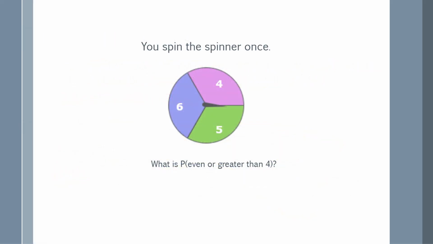All right, so you have to spin them. Spin them once. What's the probability of it being even or greater than 4? So let's look at the probability of it being even.